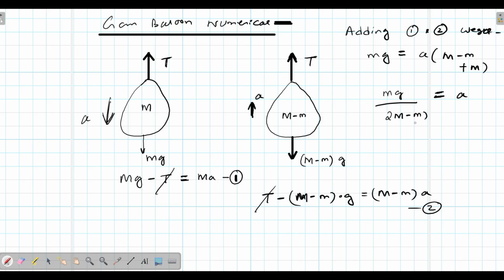That is the acceleration. That is the gas balloon numerical.